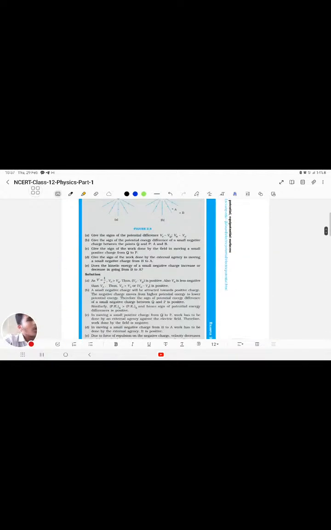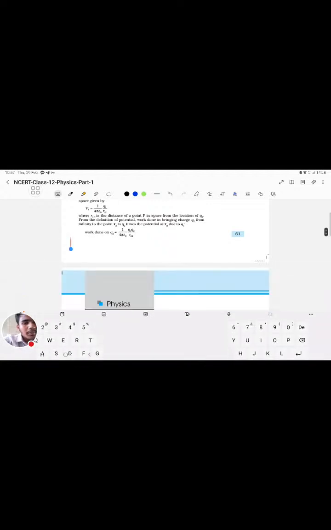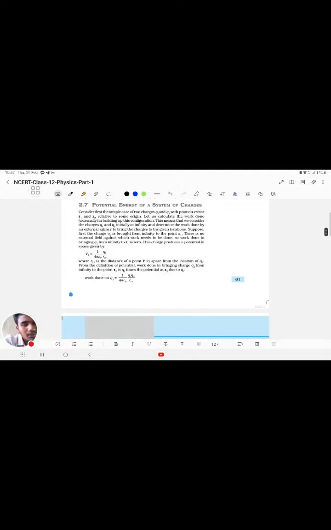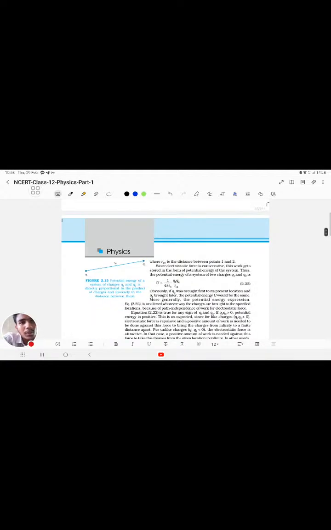Okay, fine, yeah. Oh yes, I'm able to understand it. So basically there's obviously a certain amount of potential, which is actually the amount of work done in bringing a unit positive charge. Now that I'm bringing a Q2 amount of charge, I will have to multiply this with the Q2 factor, and that's why I'm doing this. That is Q1 Q2 by R. That is the work done.